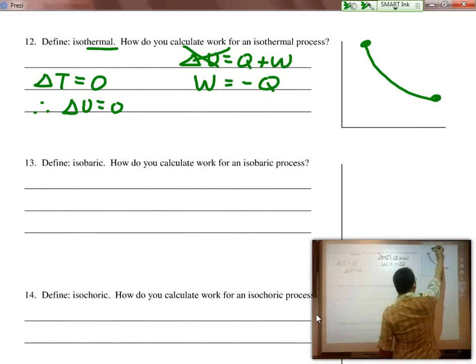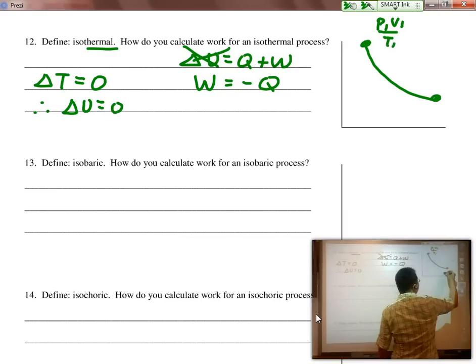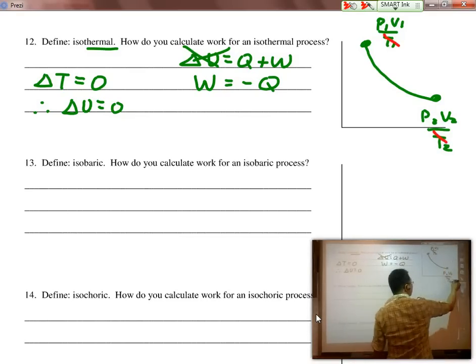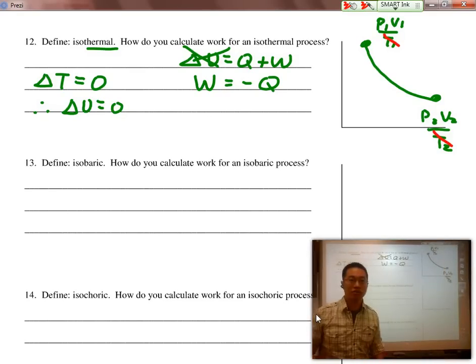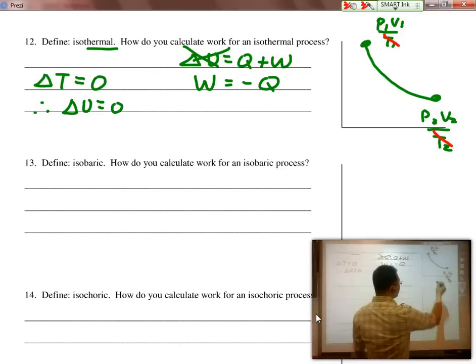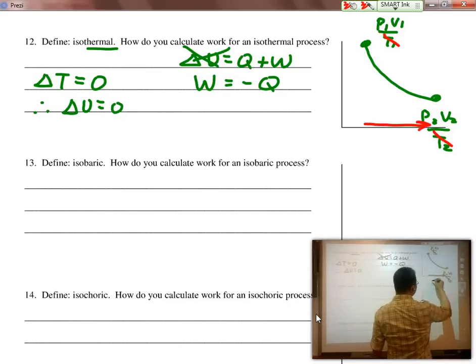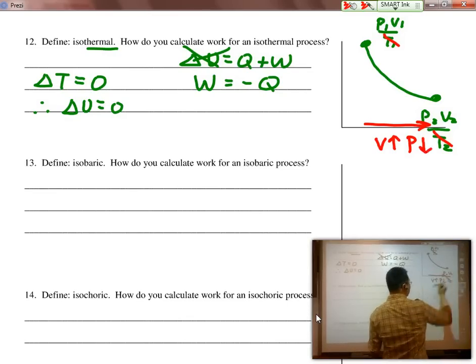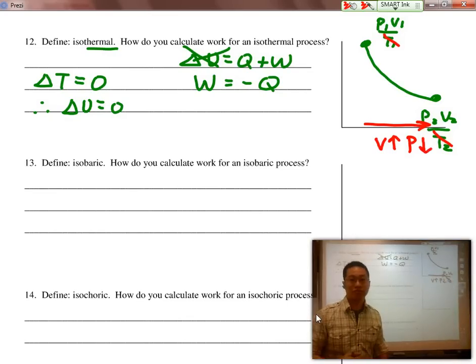If I set this up as P1 V1 over T1 equals P2 V2 over T2, I would know that automatically T1 and T2 cross out. So as my volume is increasing, my pressure decreases inversely proportionally. Okay?